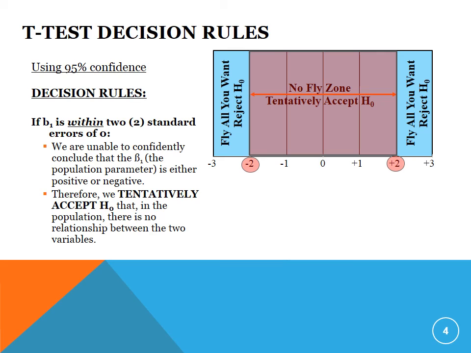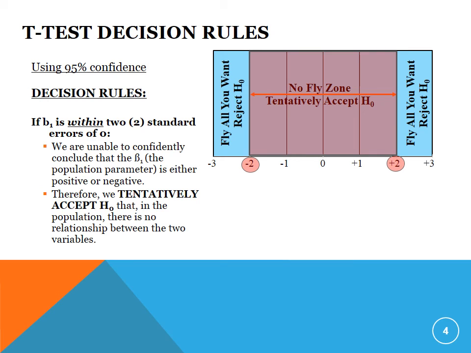So we see the no-fly zone, I like to call it the no-fly zone because that allows people to understand what's really happening here. Anything between that -2 and +2 is in our no-fly zone. In our no-fly zone, we have to tentatively accept the null hypothesis. Why?